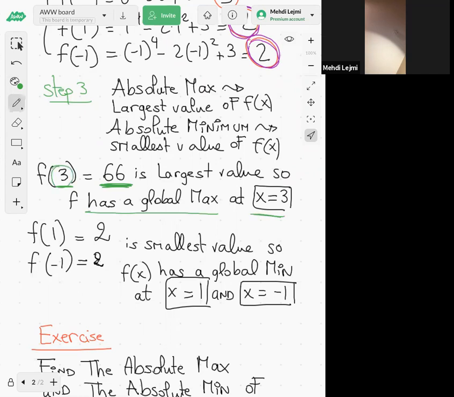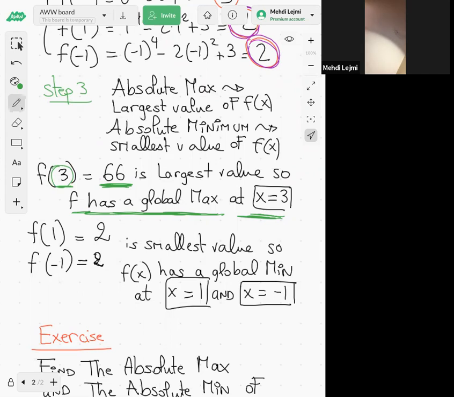So when you write your final answer, you should specify the value of x. But I think you're correct, Austin. I think the largest value would be 5 and the minimum would be -7.